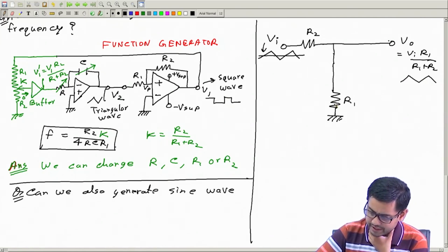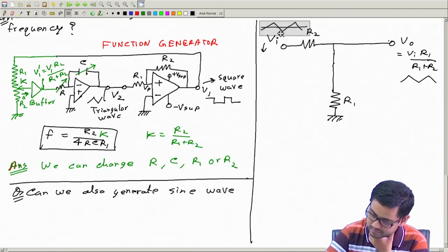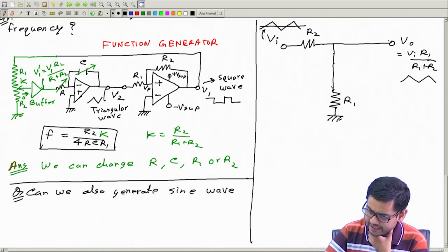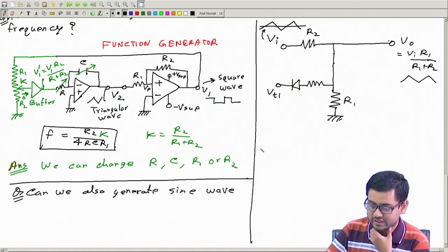Okay. Now, I shall modify this circuit. What I shall do is this, say I'll connect a resistance and a diode, and here I will give say a voltage, call it VT1, right.